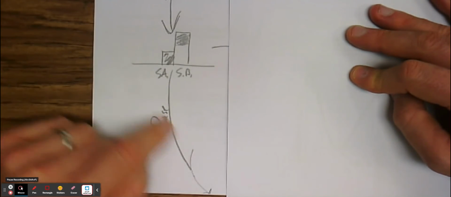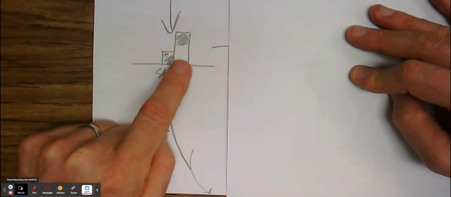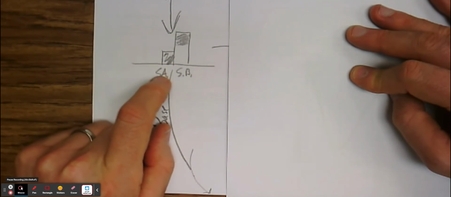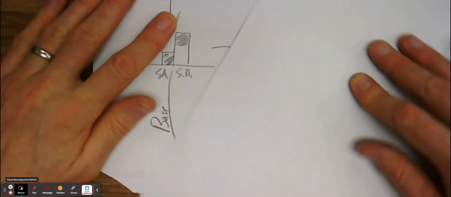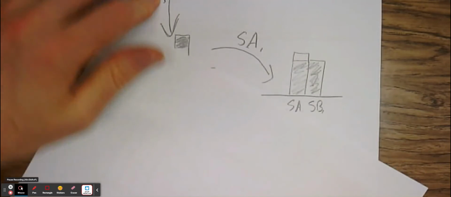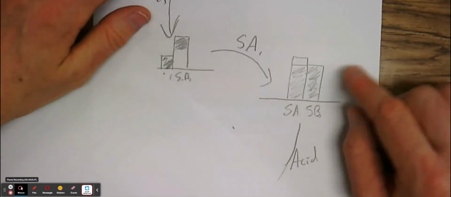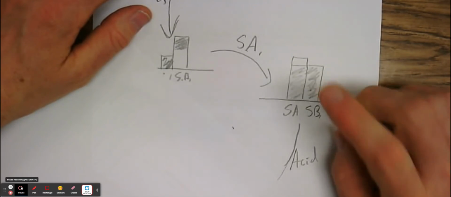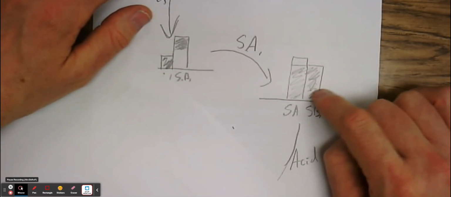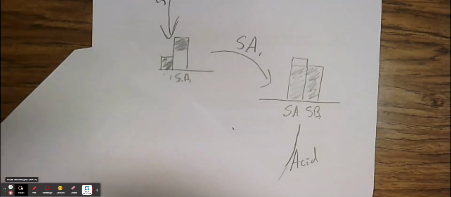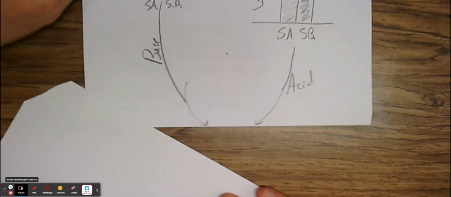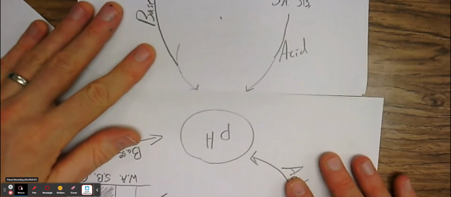Its pH is still going to be a base because I still have some of the strong base in there, even though I do have some that's been neutralized. The only time it becomes an acid is when you've neutralized all of the strong base. You've got equal amounts, like a 1-to-1 relationship. And then that turns into the pH of the other one. That's like on the other side.